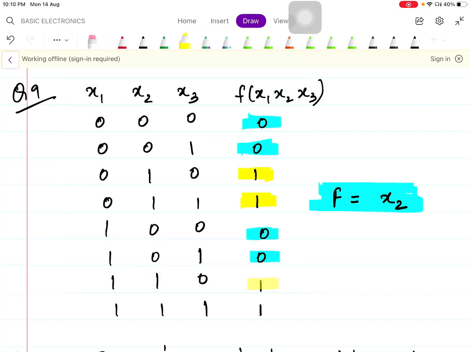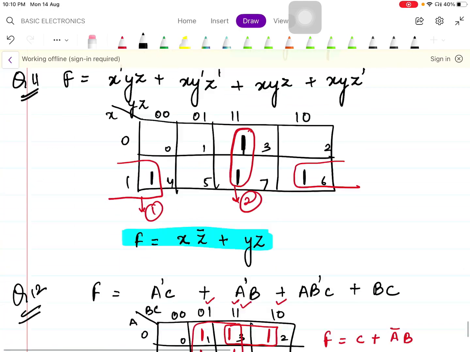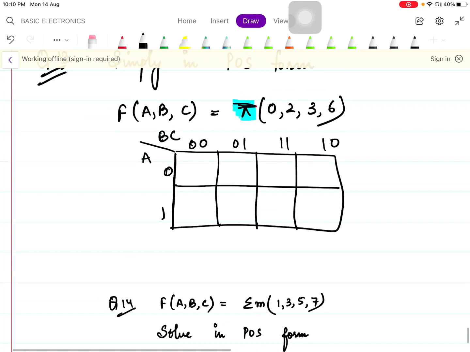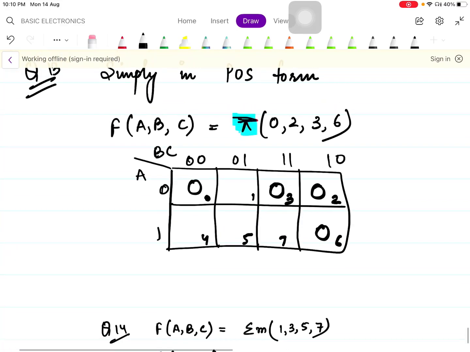Yellow ones are the min terms, and the remaining ones are the max terms. So that means if this time we have to fill the max terms, we will be filling zeros instead of 1. So let's first of all number the cells as we usually do and fill the max terms. So these are the max terms.